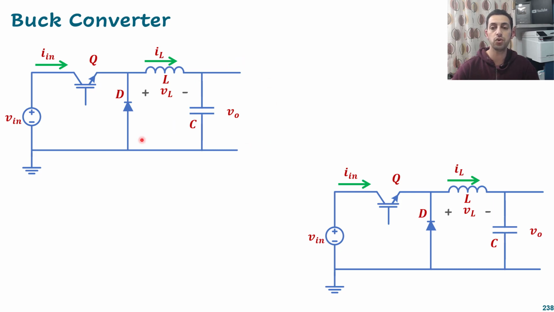So we will assume in the first instance that the switch is on, and that on time will be for a duration related to the duty cycle. So the on time will be delta t, and now in the on time that switch will be a short circuit. We will not consider any non-ideal parameters now, and we will assume ideal parameters. So the switch, once I turn it on, I will assume it's a wire or a short circuit.